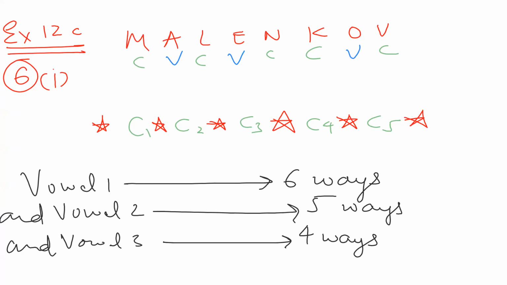So if vowel 1 is arranged over here, there are 5 places for vowel 2. If vowel 2 is arranged over here, there are 4 places left for vowel 3, the 4 tick marks. Okay. So this is how the vowels will be arranged.